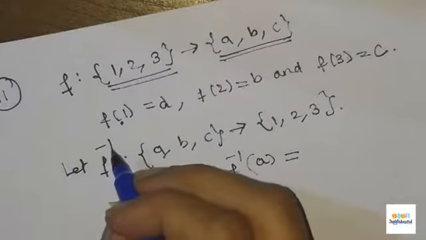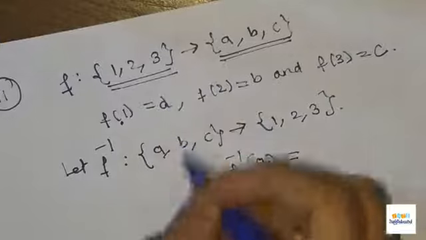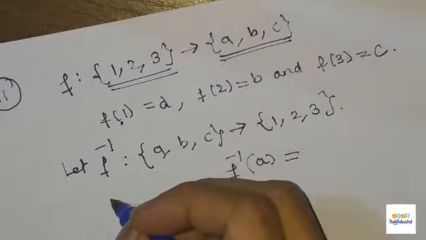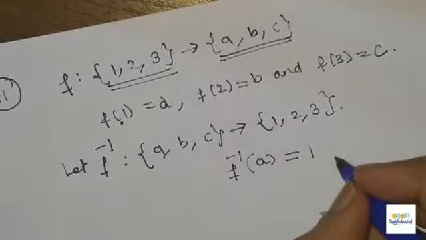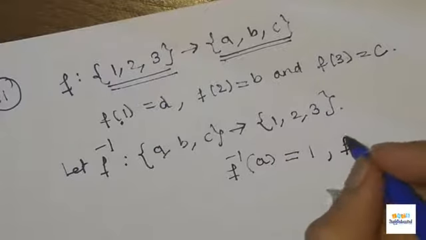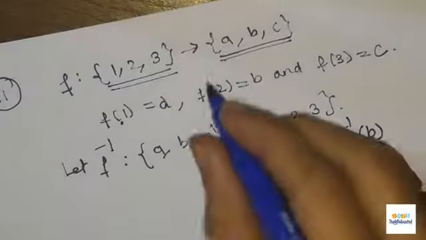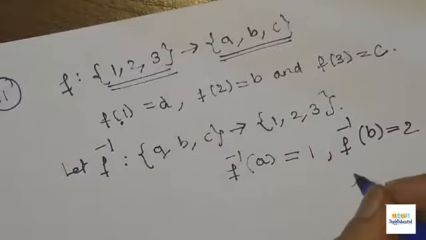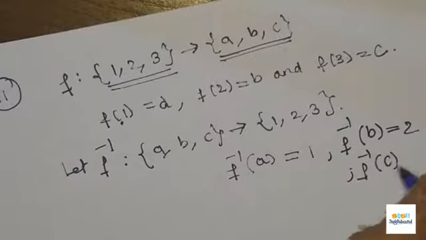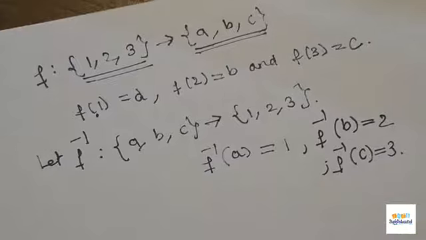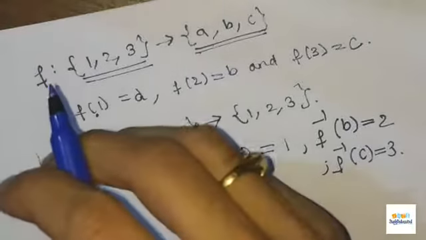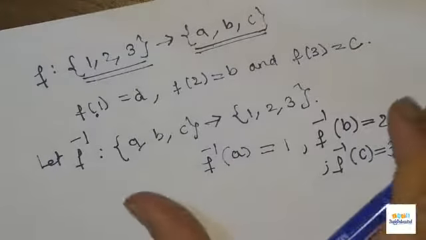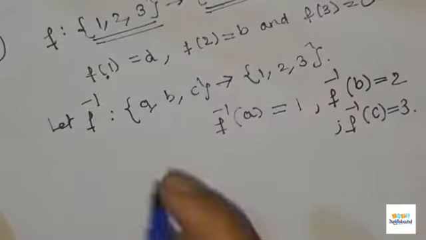Now f inverse will take that y to that x. So we will get f inverse of a equal to 1, f inverse of b equal to 2, and f inverse of c equal to 3. Just the x which goes to y, the f inverse will bring that y back to that particular x. So like that we will define this.